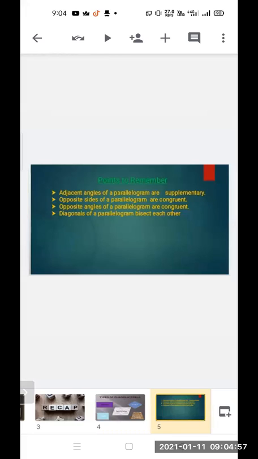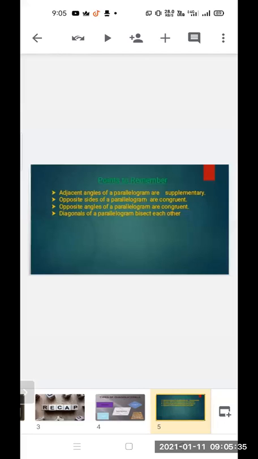Is it clear, children? What does bisect mean? Suppose diagonal AC and diagonal BD are intersecting at point O. It means segment AO will be congruent to segment CO. Similarly, segment BO will be congruent to segment DO.